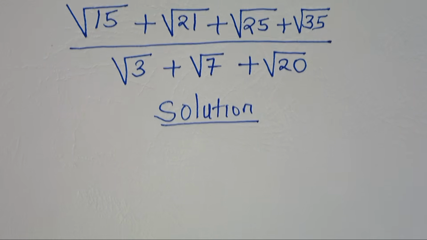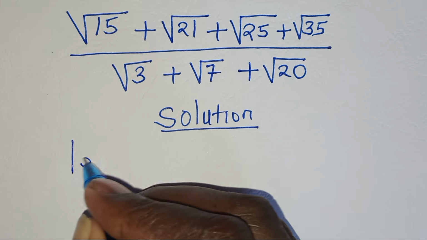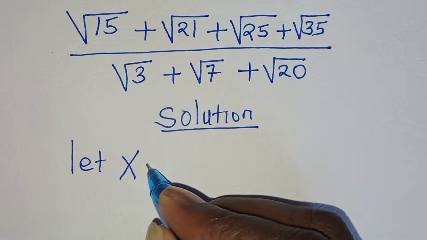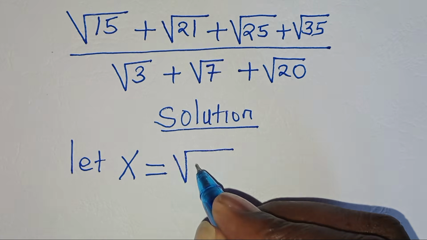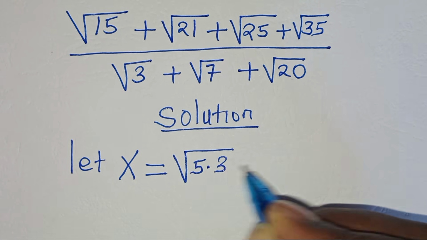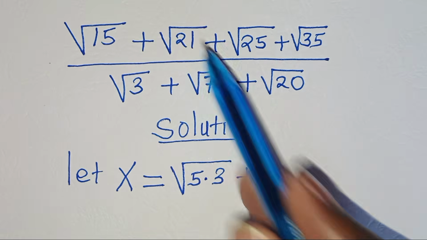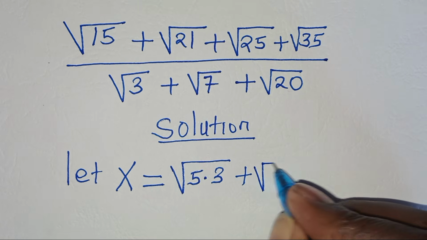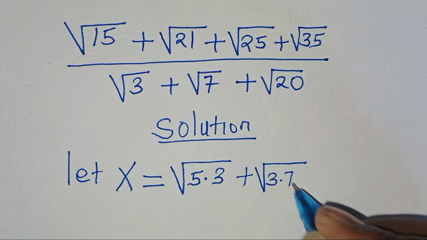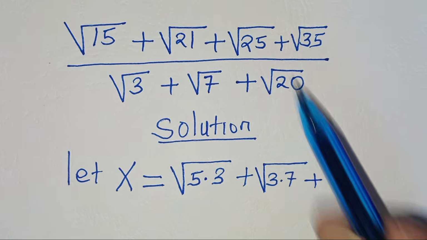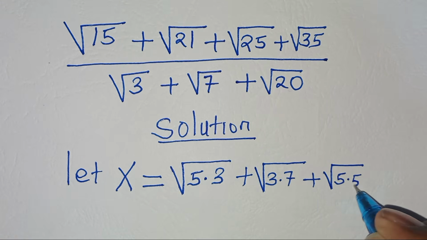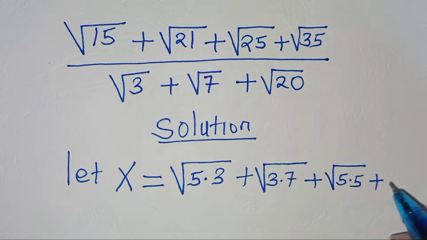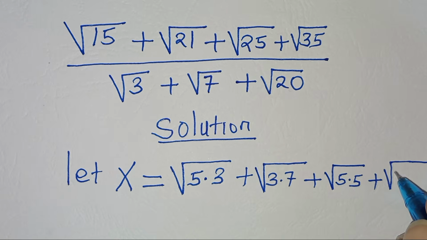So the first step is that we can let x be equal to square root of 15, which we can express as the square root of 5 multiplied by 3, then plus square root of 21, which we can also express as the square root of 3 multiplied by 7, then plus square root of 25, which we can express as the square root of 5 multiplied by 5, then plus square root of 35, which we can express as the square root of 5 multiplied by 7.